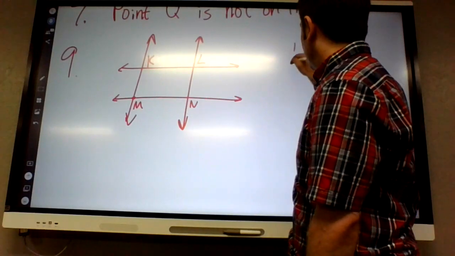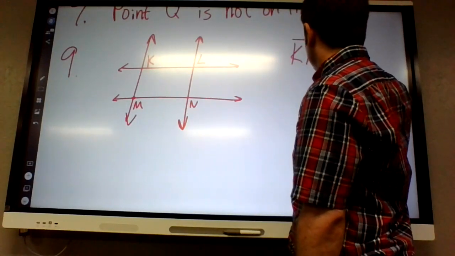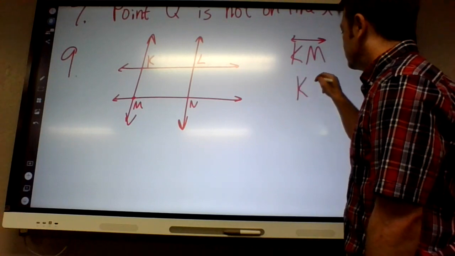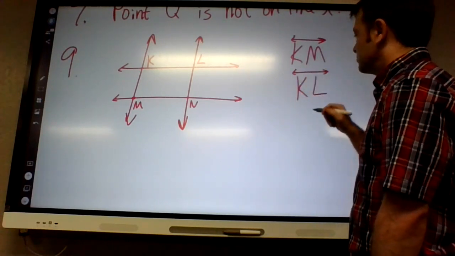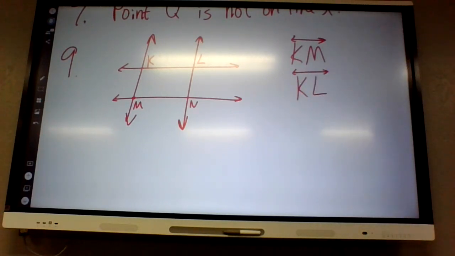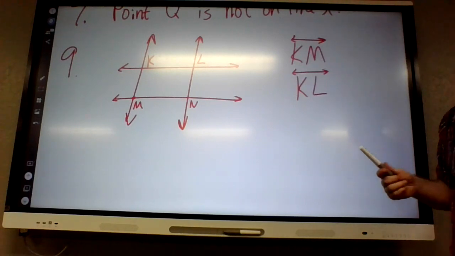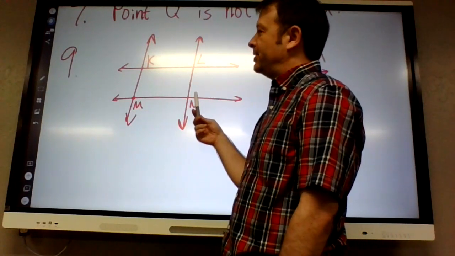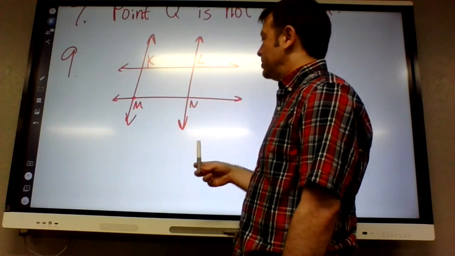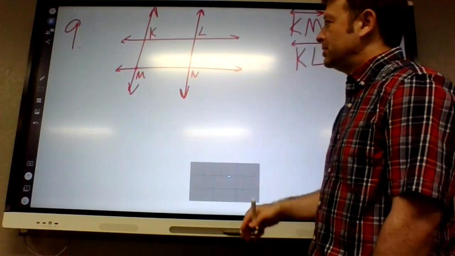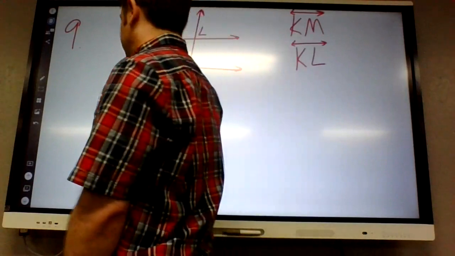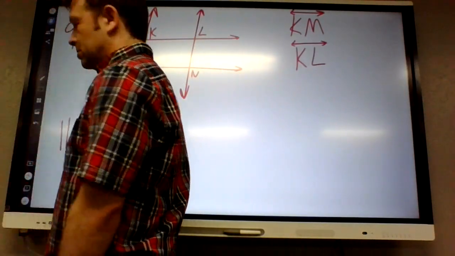So it's line KM. What other line contains point K? KL. Even though they didn't draw it, KN would be another answer, but usually if they don't draw the line, you don't have to write it down. That's the general rule.